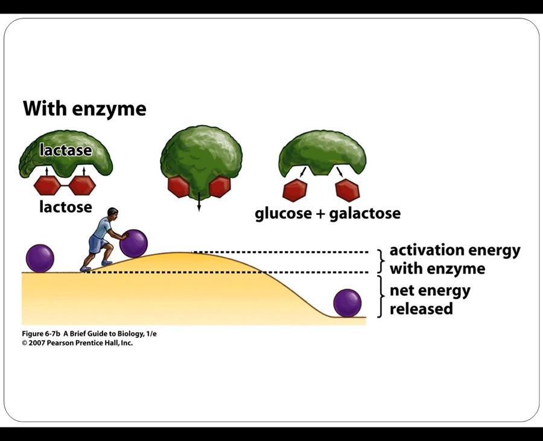Notice how in the enzyme's presence, it actually puts stress where the bond would be formed. There is a physical separation, and it puts physical stress where the bond is, and then it causes that bond to break faster. In this case, we're looking at a catabolic reaction, releasing energy.